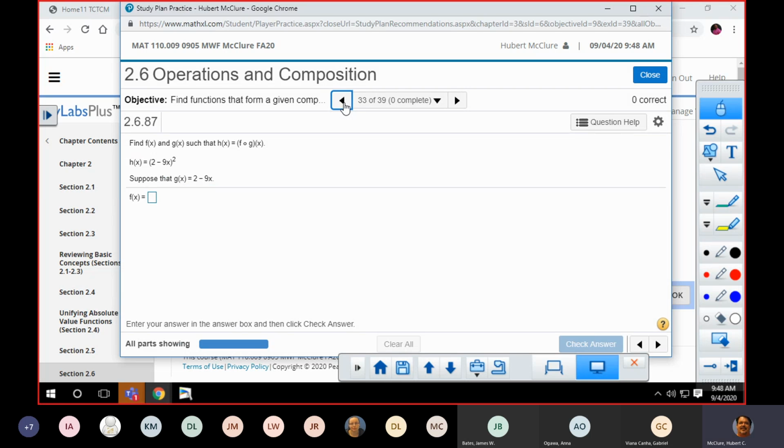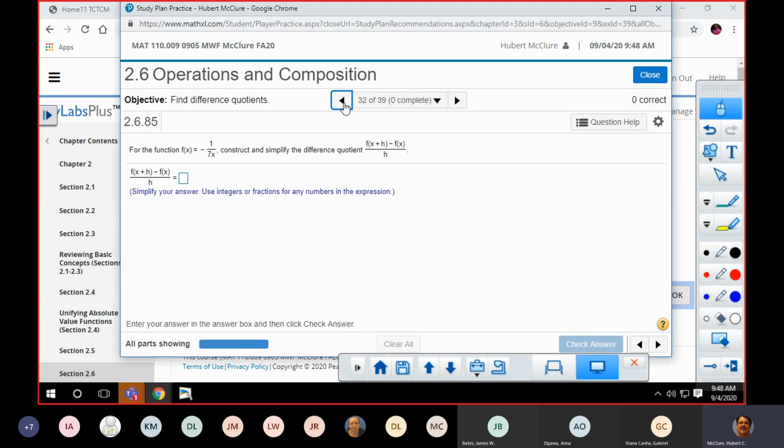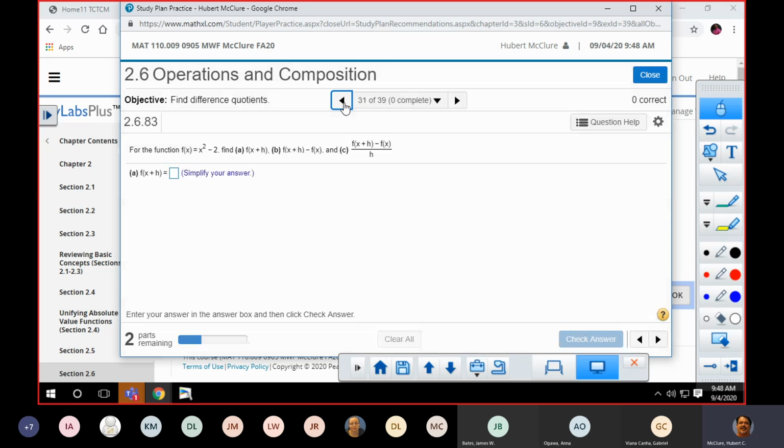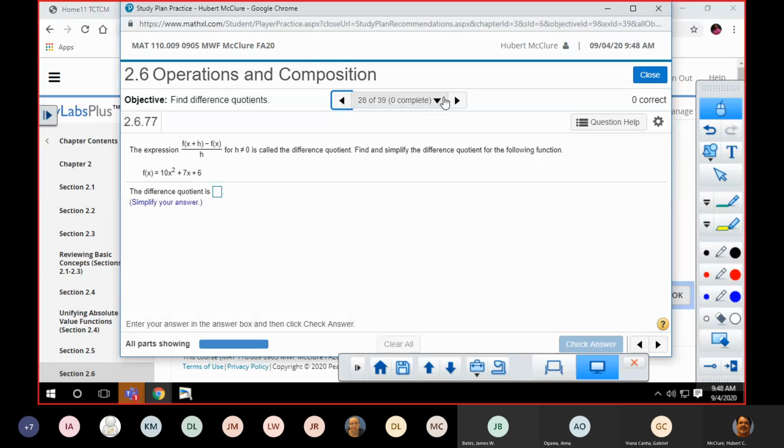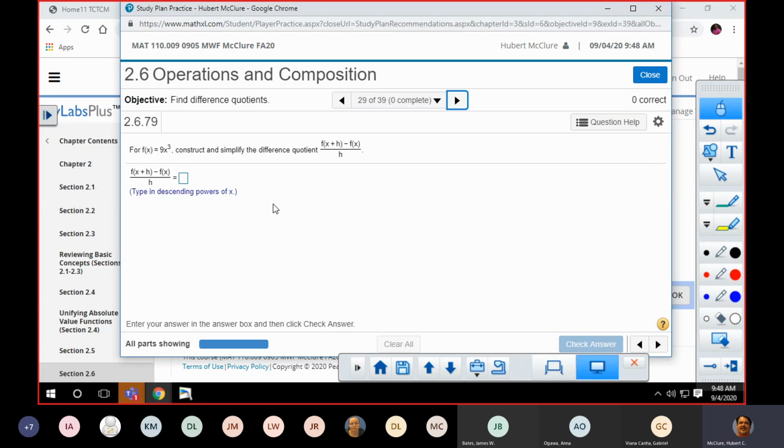I know I saw the difference quotient in y'all. There it is, right there. Okay, I don't know why it's not there. Let me see if there's another one. I wanted to start off easy. There we go. There's one. Okay, we're going to do a couple of these questions. I don't know where they are in your homework, but we're going to do them.